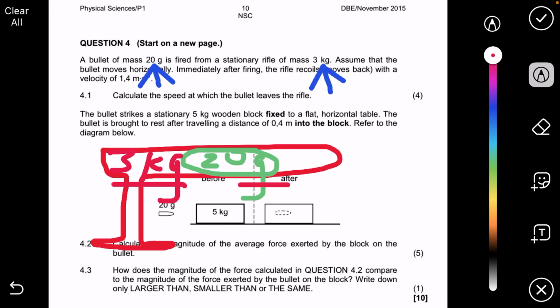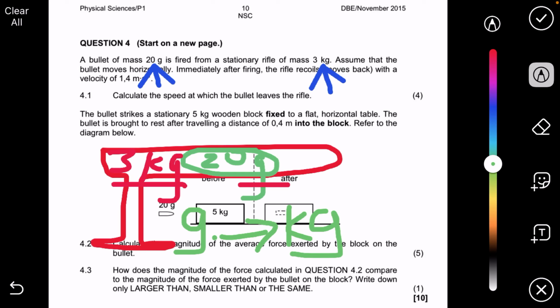Okay, so guys, which means it's very, very much important for you to convert from grams to kilograms. Remember, in physical sciences, we measure the mass in kilograms.